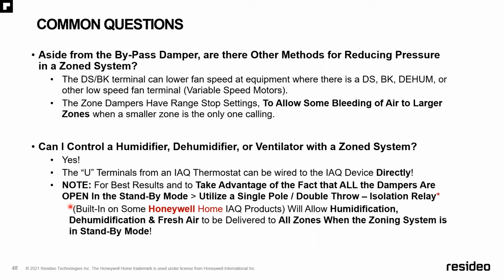It allows us to send humidified air, dehumidified air, or even fresh air to all the zones of the system in the standby mode, because they're sitting there with the dampers open, totally clueless that we're energizing that G circuit and turning on the blower. So we'll get a little bit more into that in part 2 on the control system for zoning.